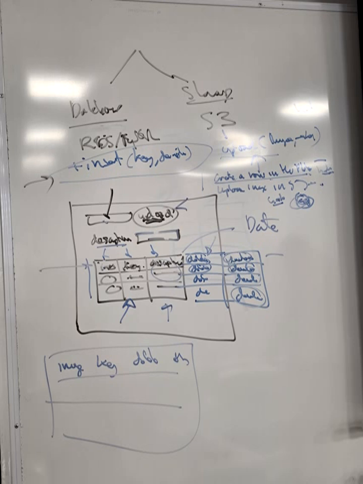With option A, you will have to create another lambda get date. With option B, you don't.